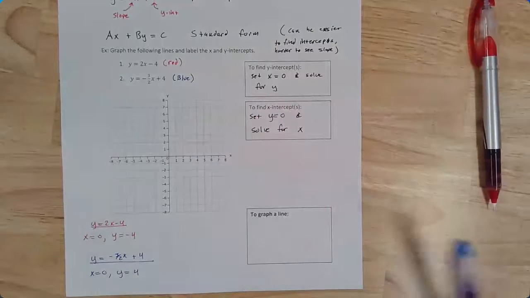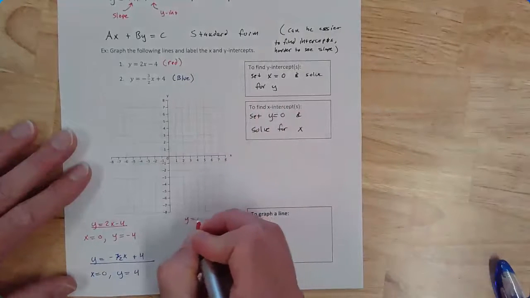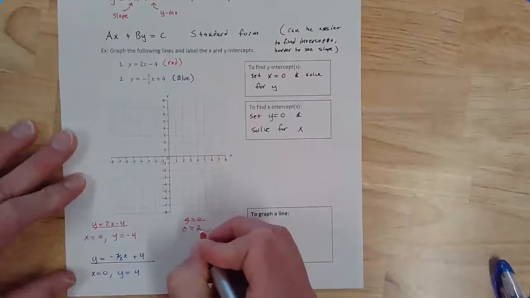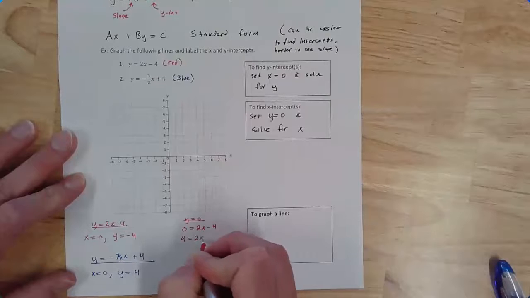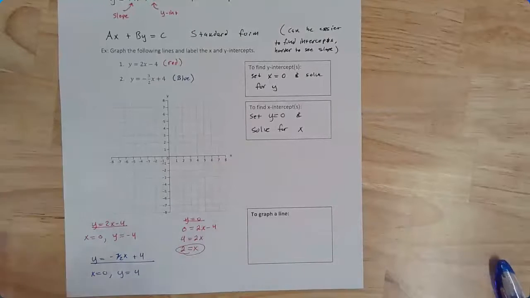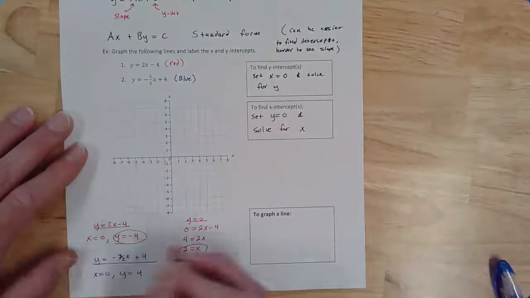So for the red line, if I set y equal to 0, I've got 0 equal to 2x minus 4. I'm going to add 4 to the left. I'm going to divide both sides by 2. So there's my x-intercept. I guess there's my y-intercept too.